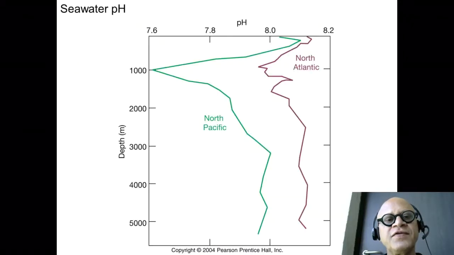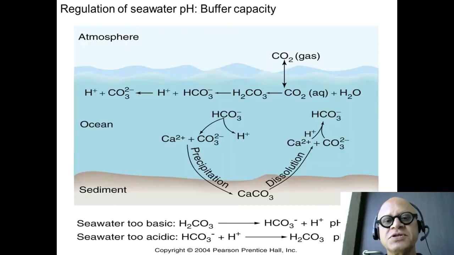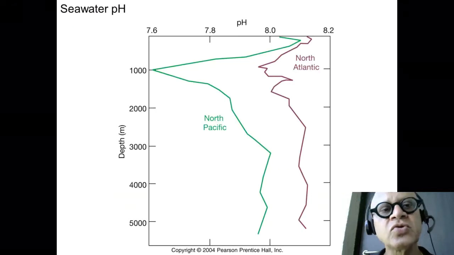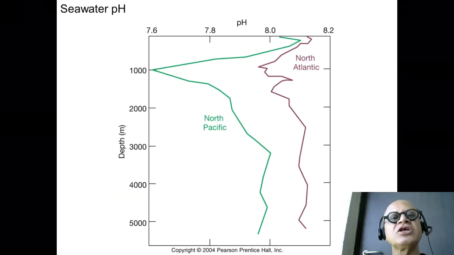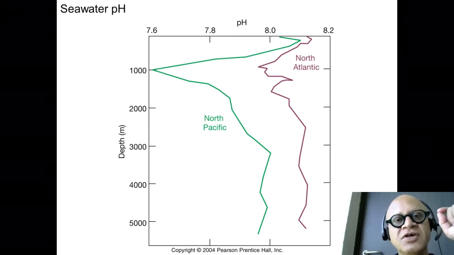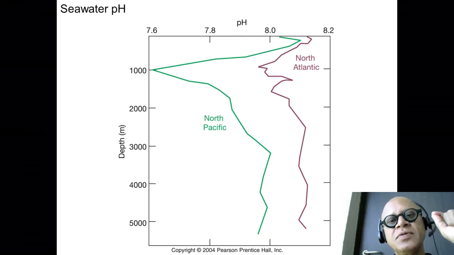So flipping through this is good because it reminds you again of the things that we learned before. So let's combine the knowledge we now have about the reactions of CO2 dissolving in the ocean, the buffering system in the ocean, and look at the profiles of pH, right?